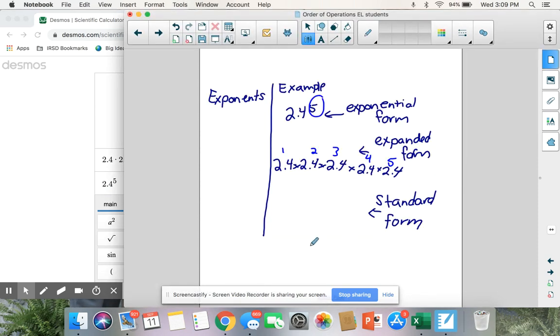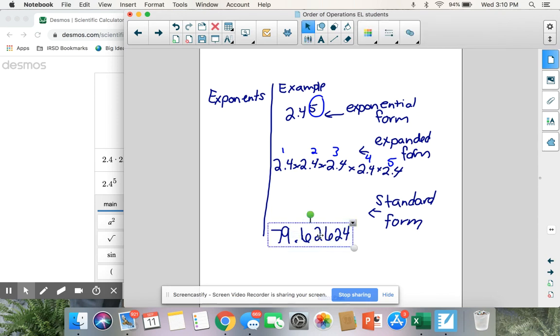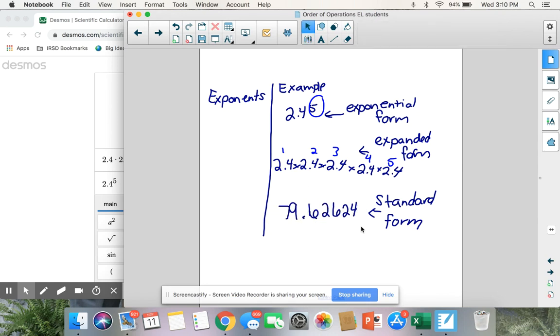So your answer, your standard number, would be 79, and that is your standard form right there. So we have exponential form, expanded form, and standard form for exponents.